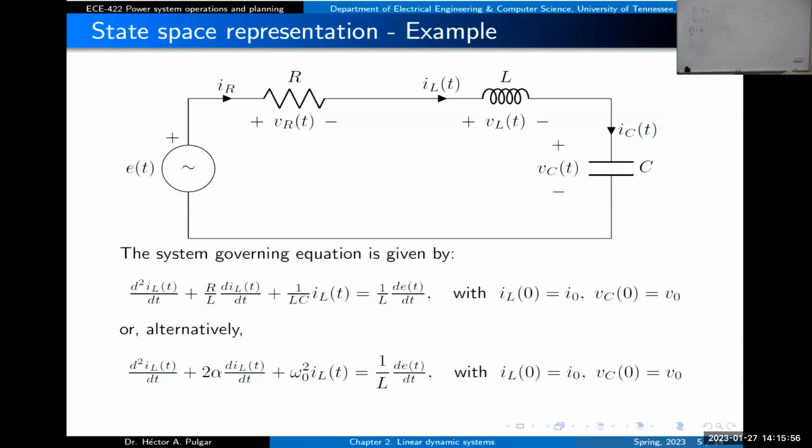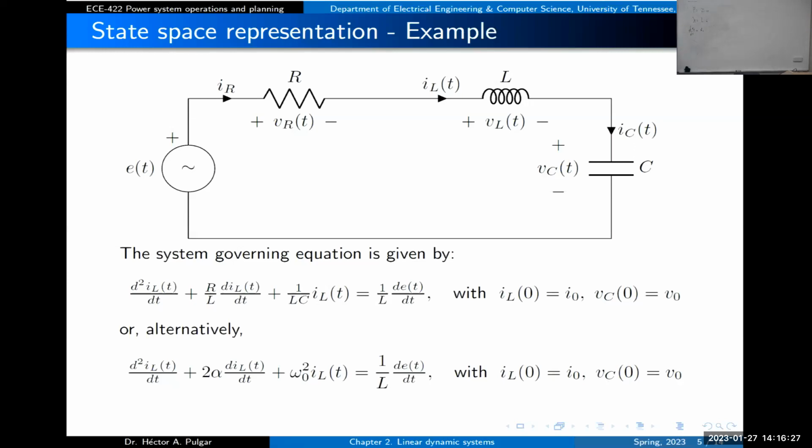Also you know how much current is going through the circuit, and how much energy the inductor has at that point. So based on those two things, you want to know how these variables, current and voltages, will change in time. And because you have a resistor here, this current and voltage will eventually die to 0, right?